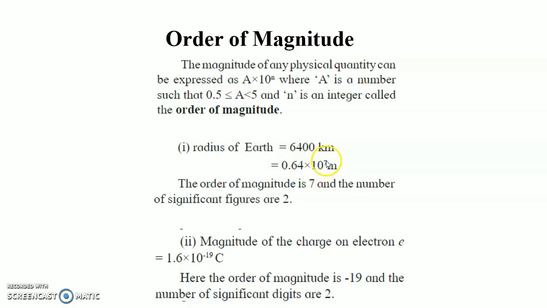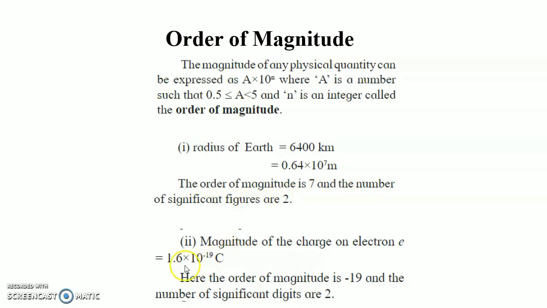So whatever is the power will be called the order of magnitude, and over here the significant figures are only 2 because 0 is on the left hand side. We will not be including the 0. The order of magnitude is 7 and the number of significant figures is 2.